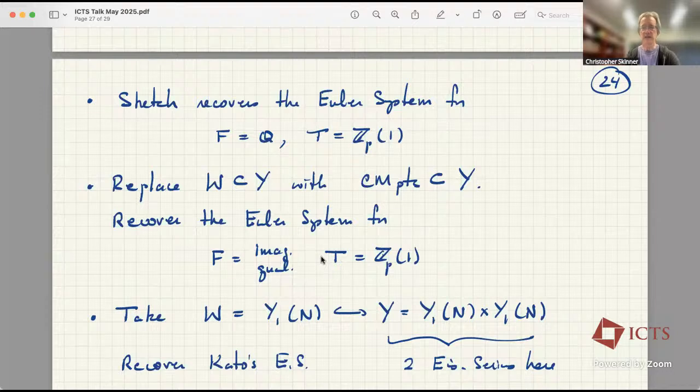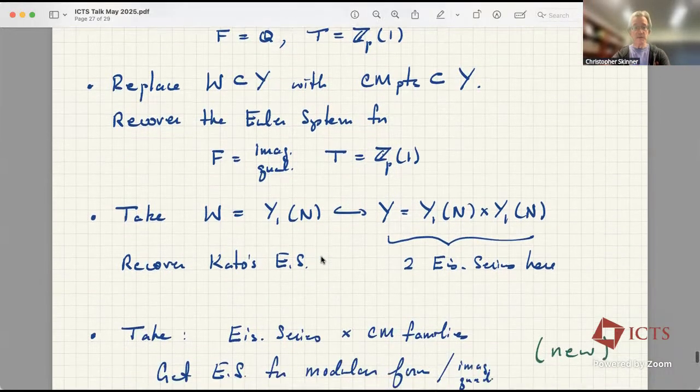This construction actually recovers lots of the known Euler systems. So the sketch that I gave recovers the Euler system for Zp(1), the cyclotomic units. If you replace the cusps with CM points, then you can recover the Euler system of elliptic units, the Euler system for the imaginary quadratic field.